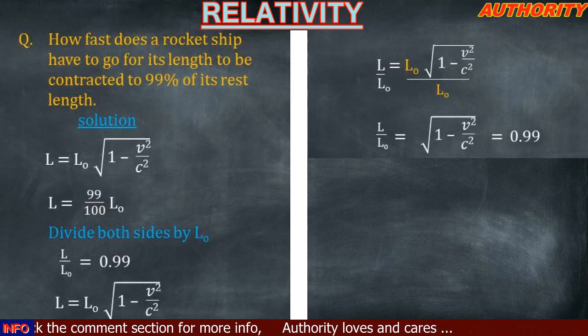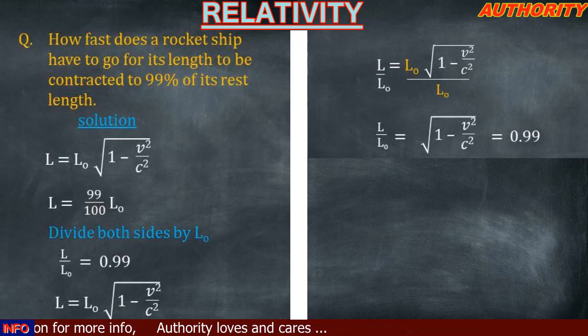So that means the square root of 1 minus v squared all over c squared is equal to 0.99.